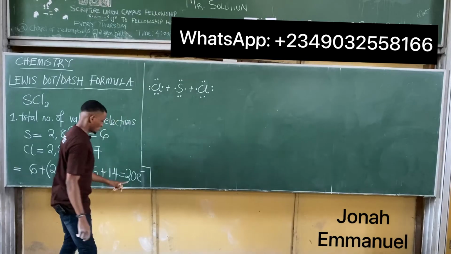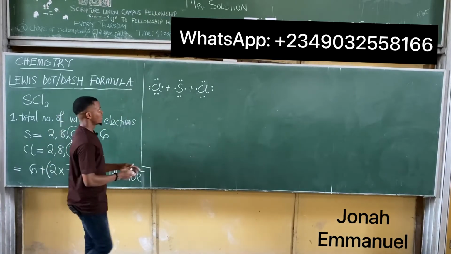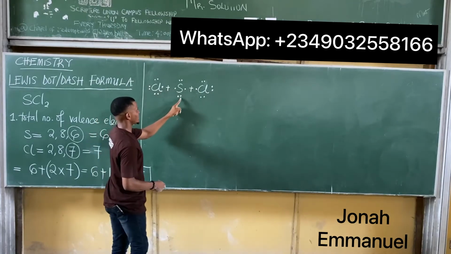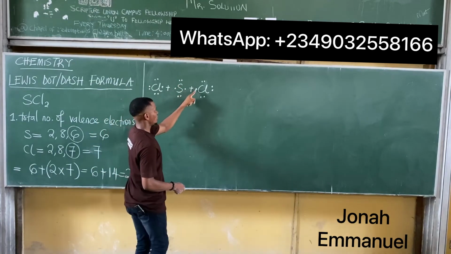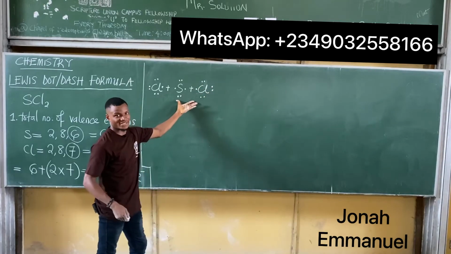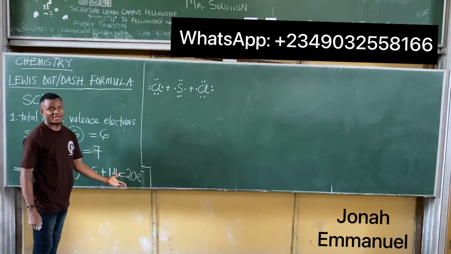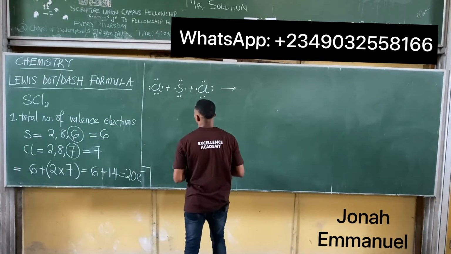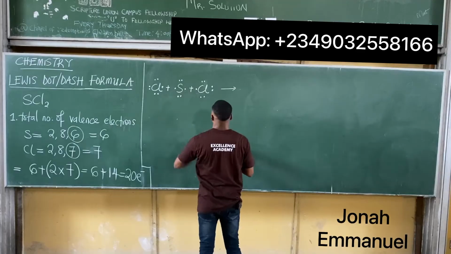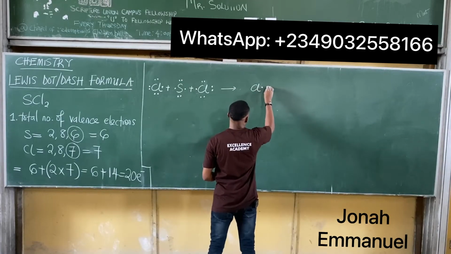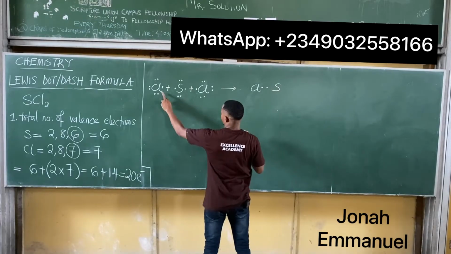We have 20 electrons. If you count this, 1, 2, 3, 4, 5, 6, 7, 8, 9, 10, 11, 12, 13, 14, 15, 16, 17, 18, 19, 20. The number of dots matches my 20 electrons. Proceeding with this, I have chlorine having dots and dots to solve for these two.